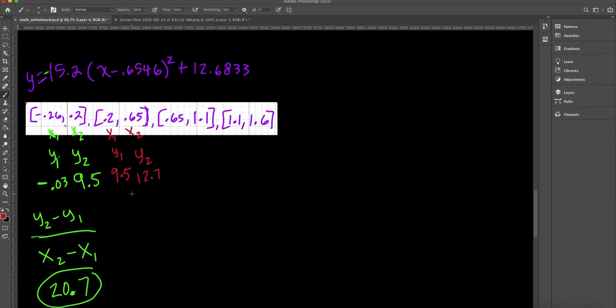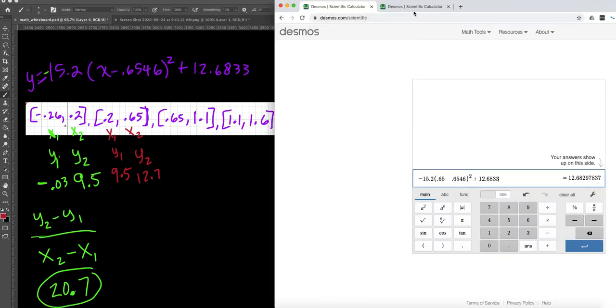Okay. Now we're going to plug those values into the second thing. Get rid of all of these. Okay. Now we want to remember we're using this over here, so it's y2 minus y1.